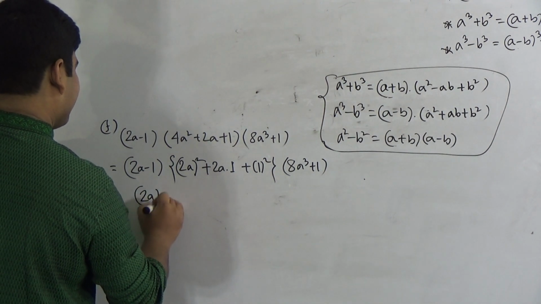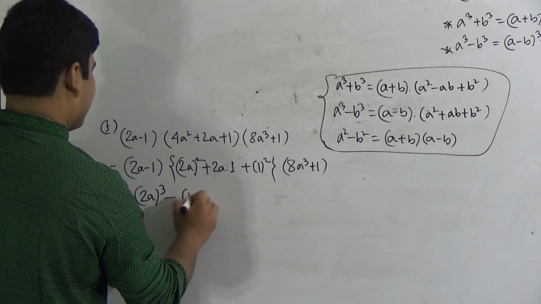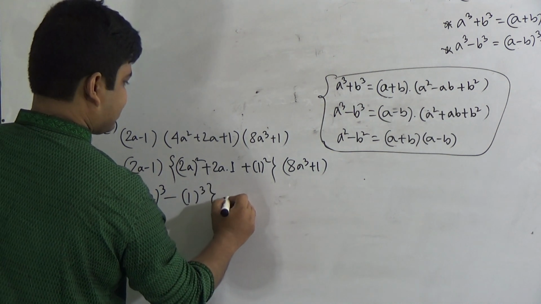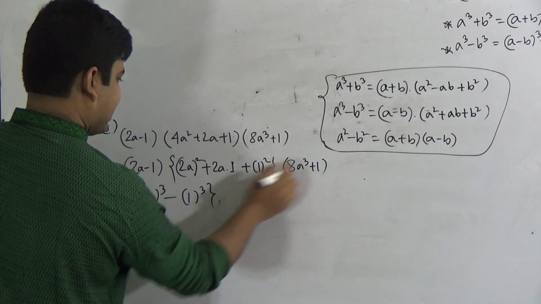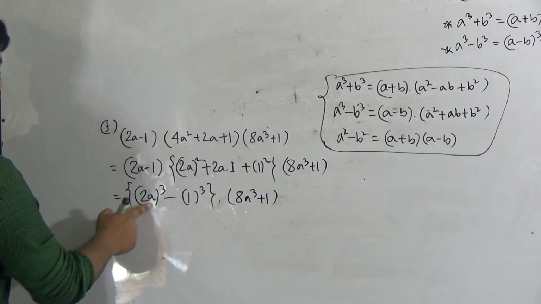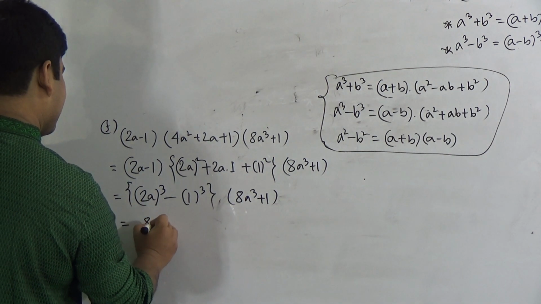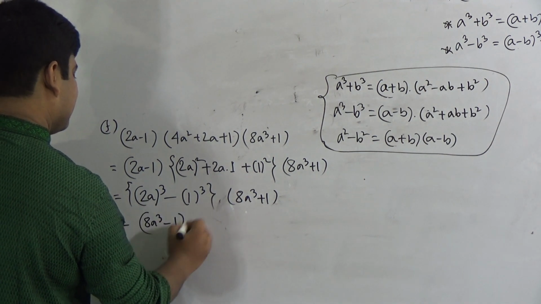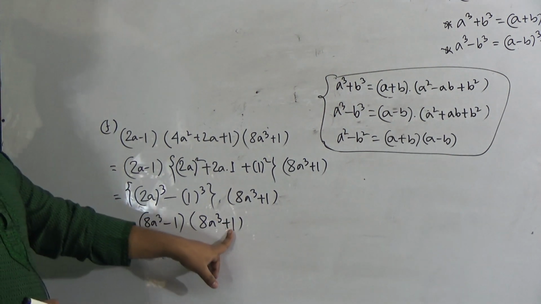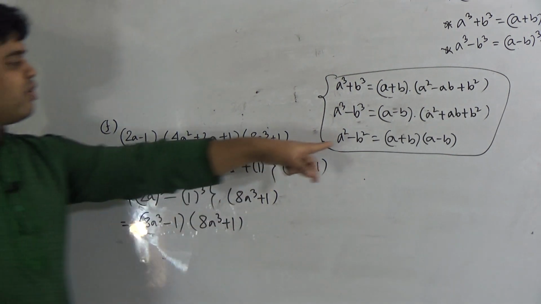So (2a) cube minus 1 cube, we do here second bracket plus, no need to do plus, we write 8a cube plus 1. So 2 2s are 4, 4 2s are 8, 8a cube minus 1 and 8a cube plus 1. So (a plus b) into (a minus b), this formula.